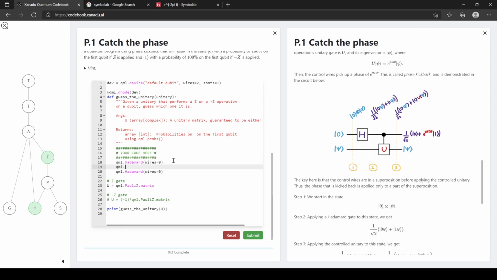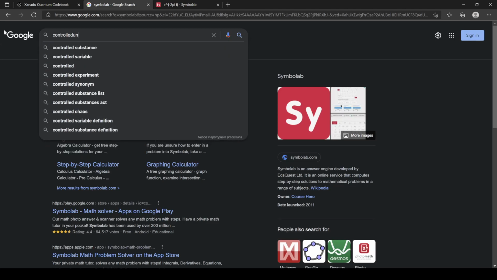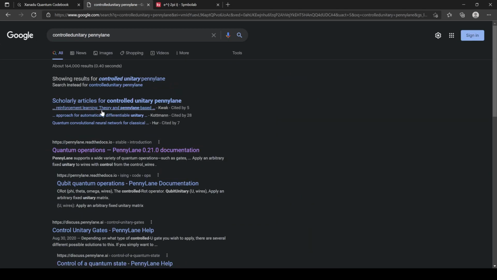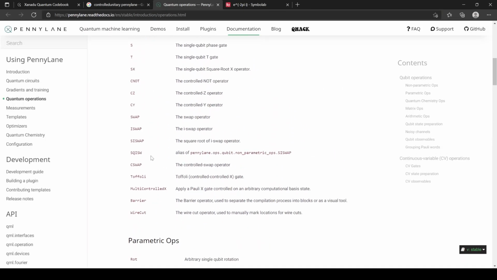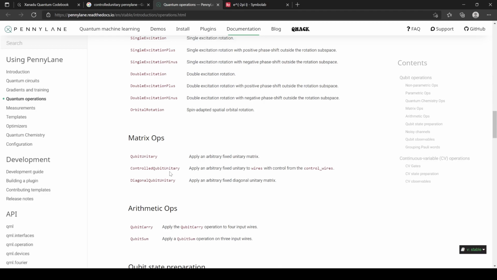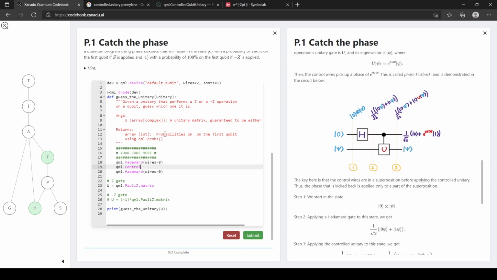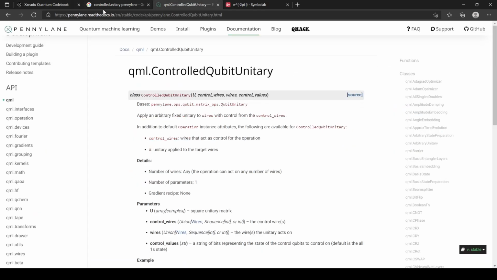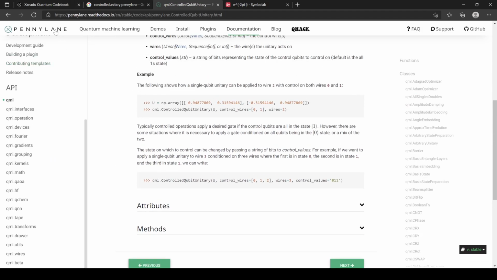Now, qml dot, I don't remember these, control unitary, is that what it is? Let's see. I guess it might be parametric. Oh, controlled qubit unitary. Here we go. Controlled qubit unitary. U is unitary. Wires. Let's look at an example. Control wires.